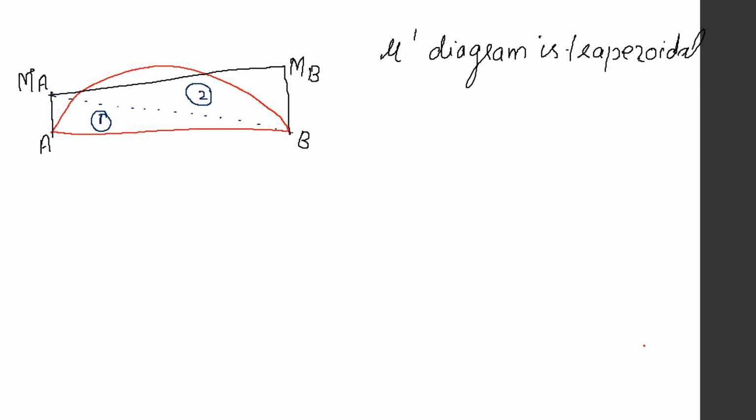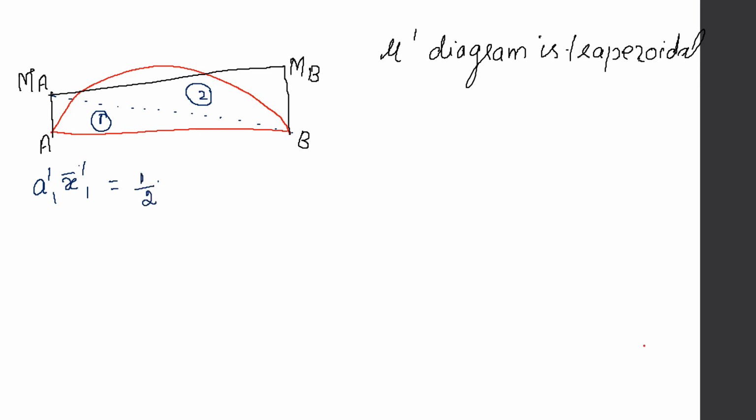So, how will we find A1 x1 bar? Sorry, this is A1 dash x1 dash, that is equal to, first of all we will take the first triangle.